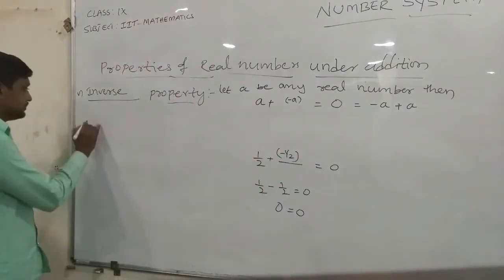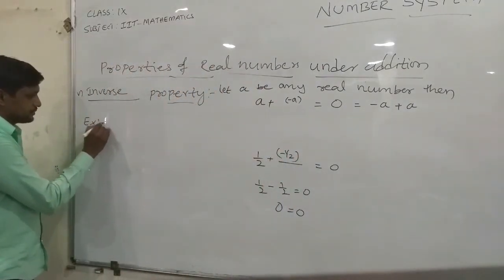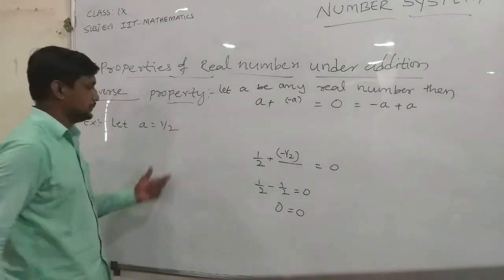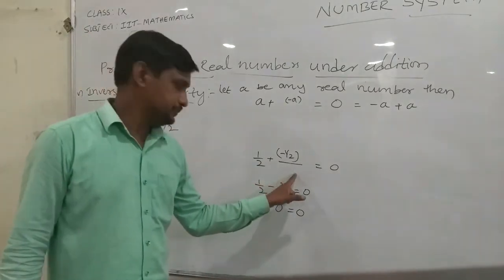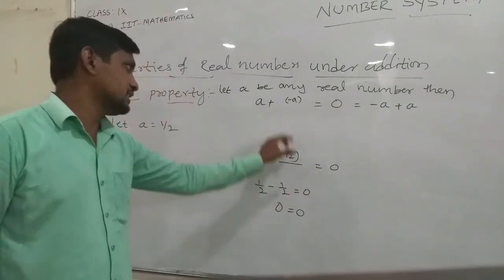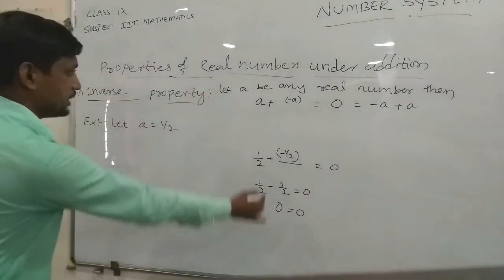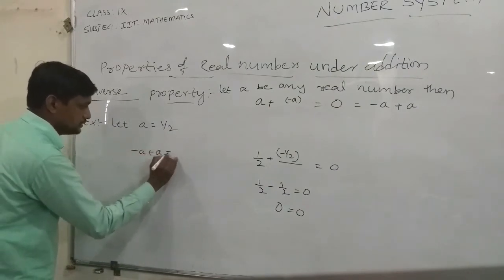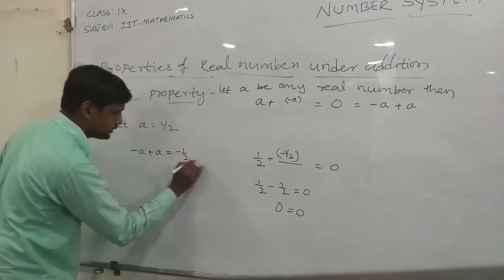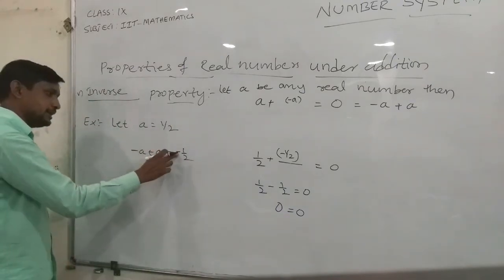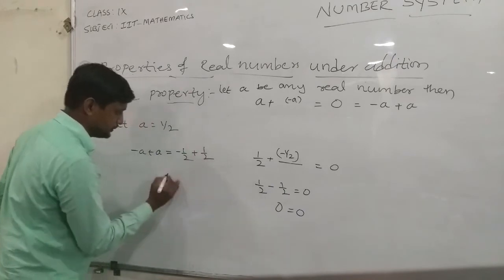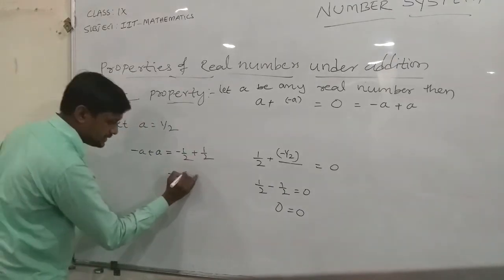Here, as an example, let A equal 1 by 2. Then I do the same process and get 0 equal to 0. This is for the LHS. Now I am doing the RHS: minus A plus A is equal to minus 1 by 2 plus 1 by 2, which is 0.